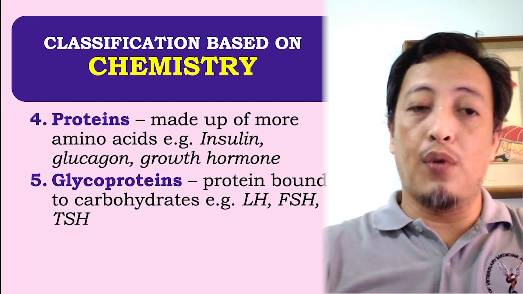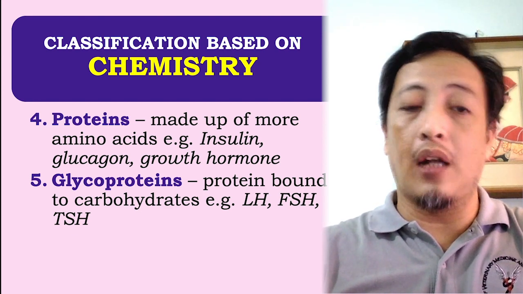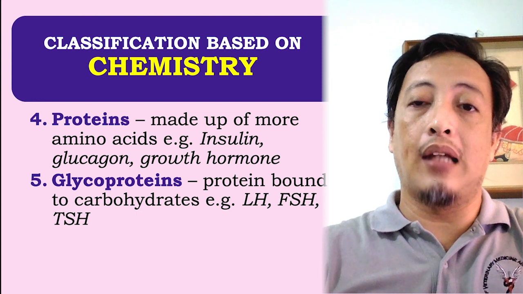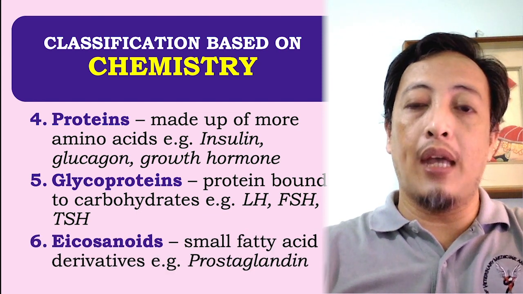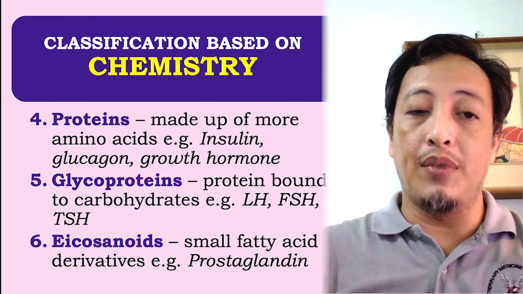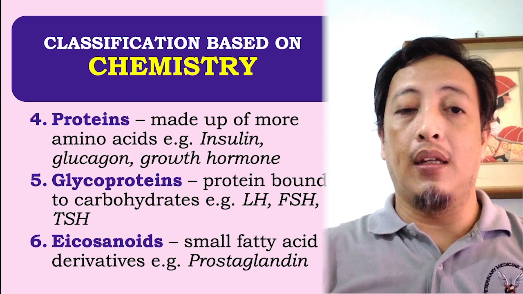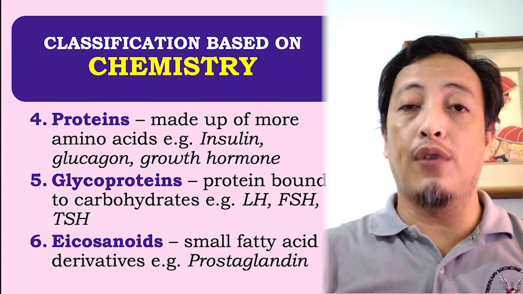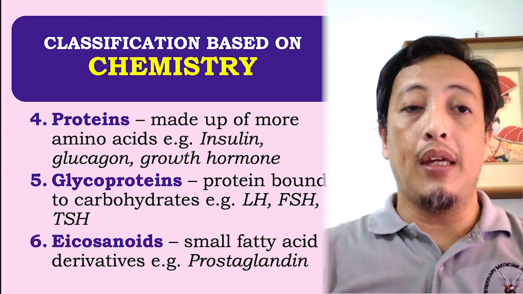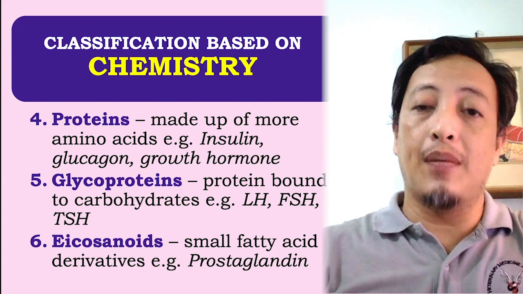So it is composed of molecules that have protein and carbohydrate components. Kaya sila glycoproteins. Then we have, lastly, the eicosanoids, which are small fatty acid derivatives. Example nito ay prostaglandin, which is involved in reproductive function and also in inflammation. Okay? So those are the classifications of hormones based on chemistry.